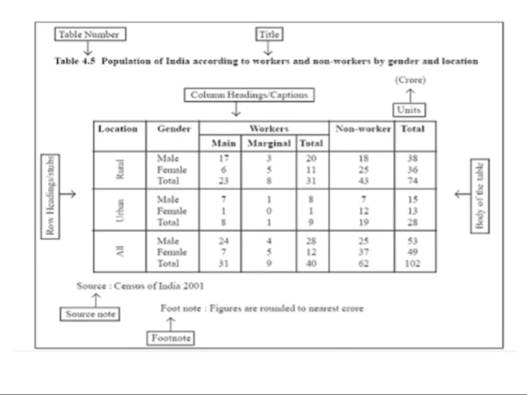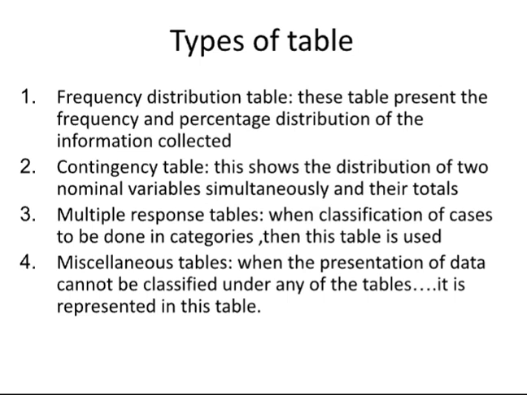So the table should have a table number, title, stubs and captions, body of the table, source note if it is needed, and footnote if necessary. Okay, so these are all the parts of a table. What are all the types of table?